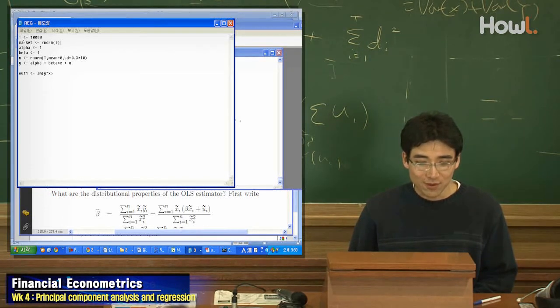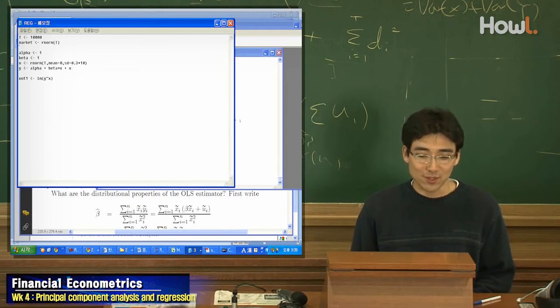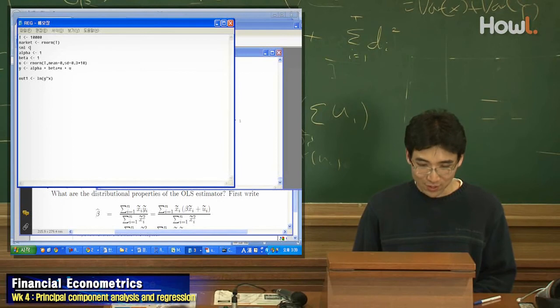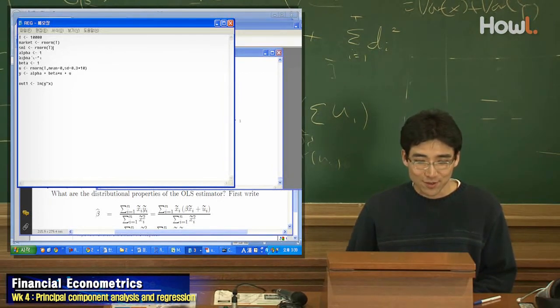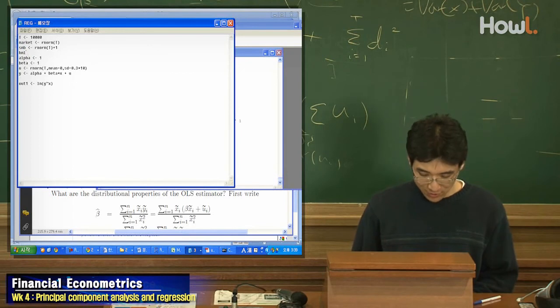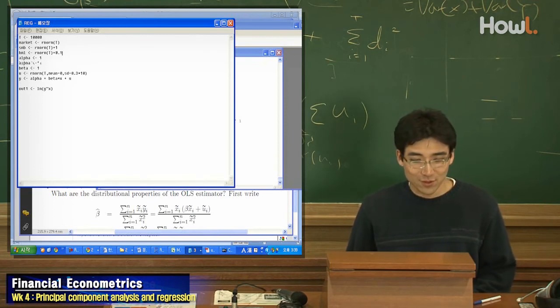In the Fama-French 3-factor model, market premium, SMB, small minus big, let's say it is another rnorm, plus 1 here for fun, and HML, high minus low, rnorm plus 0 for fun.